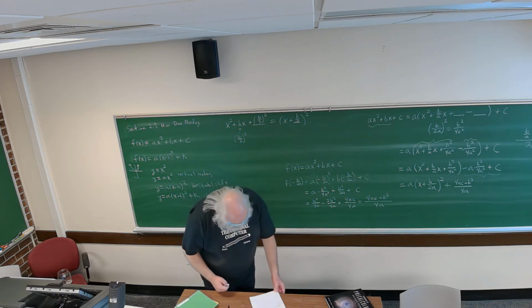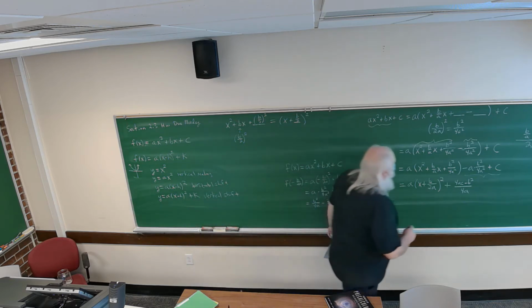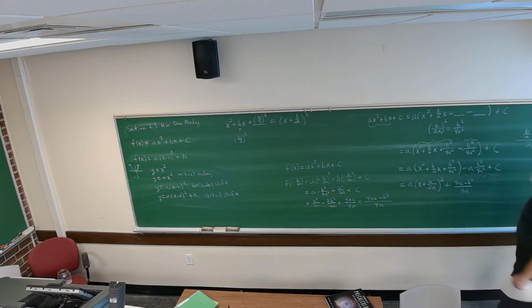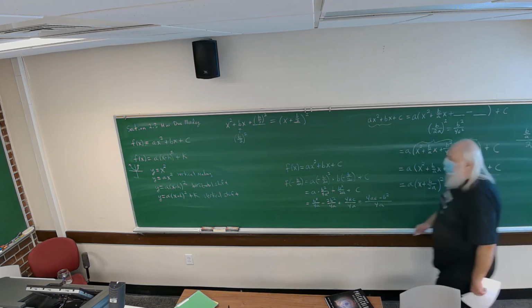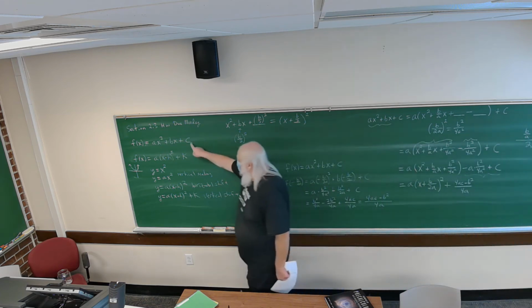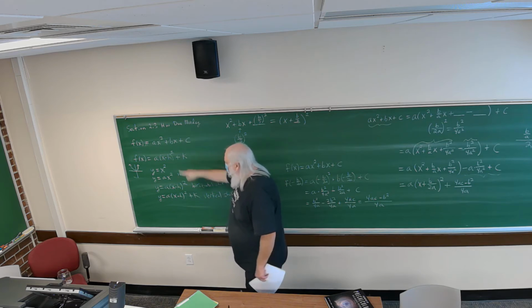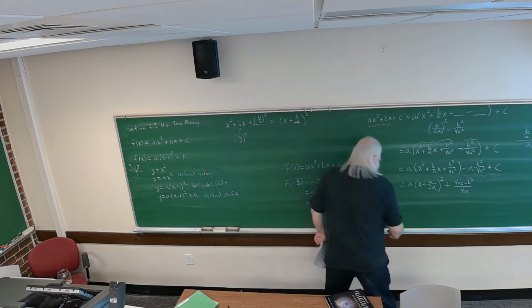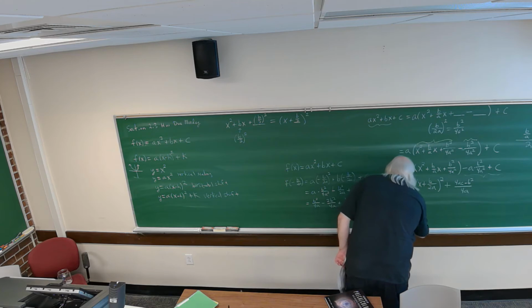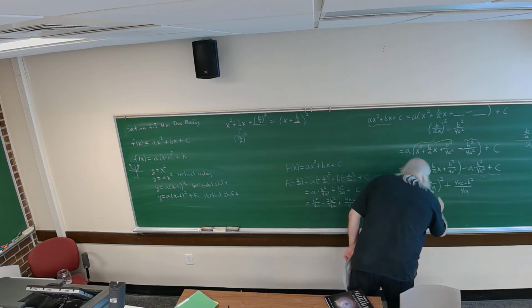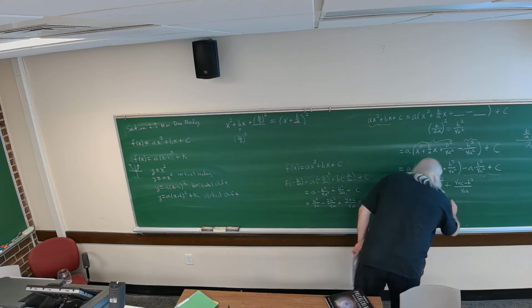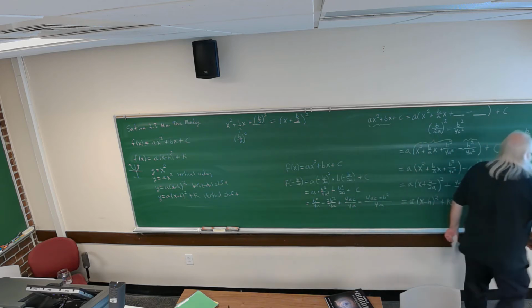So we went from this form to this form. When you compare this to a times x minus h squared plus k, what do you see?